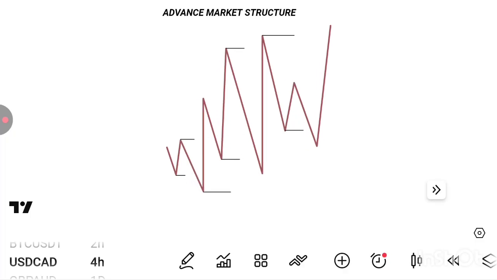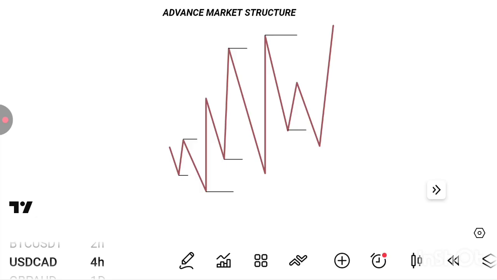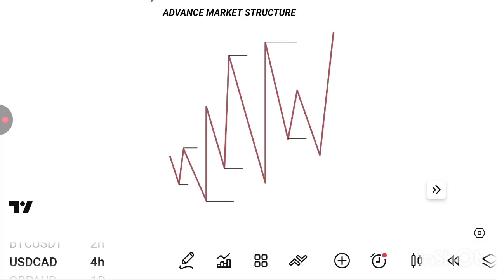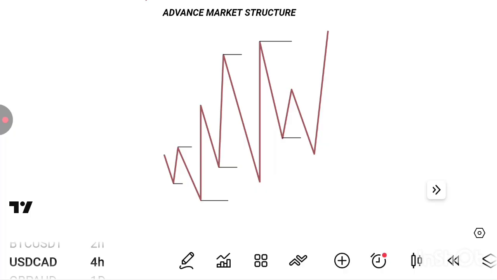After price takes out the external liquidity, what you need to expect as a trader is reversals. So anytime price takes out external range liquidity, what you now expect from the market is that price will reverse to a particular level that has internal liquidity, or it engineers its own liquidity close to a key level.